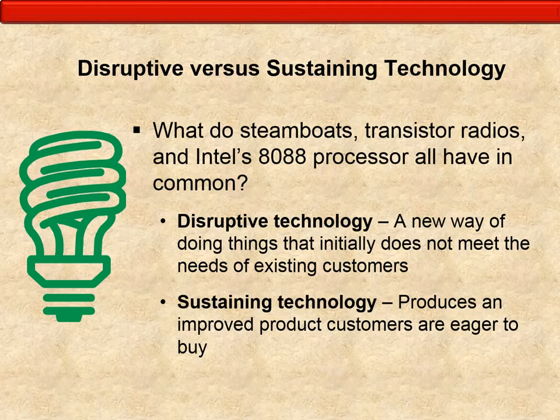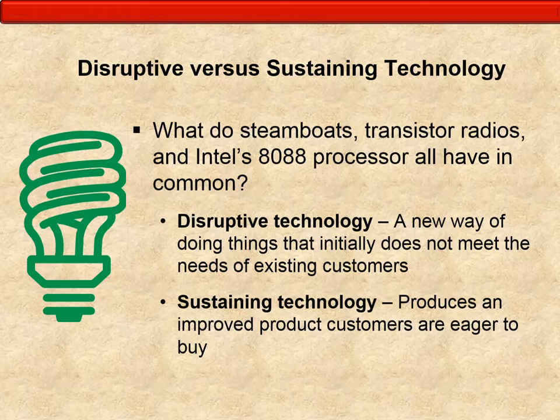Disruptive technology is a new way of doing things that initially does not meet the needs of existing customers. So, for example, a need or want for a customer may be to take a cruise to Mexico, we'll say.